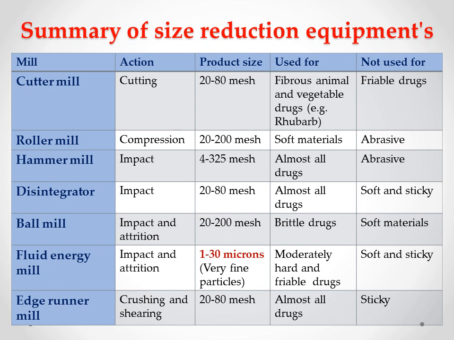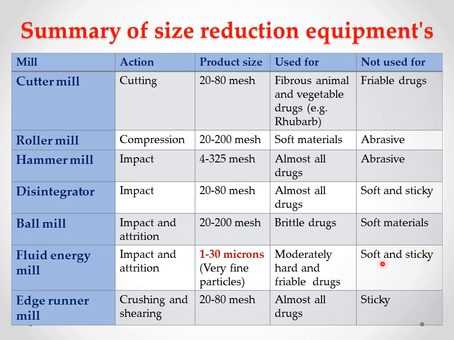We can see that the mills or equipments acting on the principle or mechanism of impact and attrition are yielding smaller particles as compared to others. The fluid energy mill, which works on the principle of impact and attrition, produces a particle size range of 1 to 30 microns, which are very fine particles, and this mill is suitable for moderately hard and friable drugs.